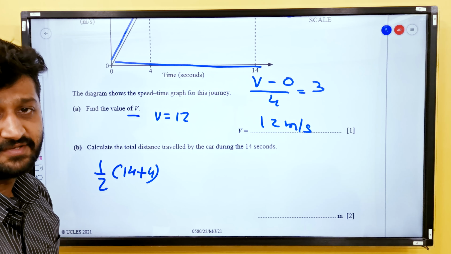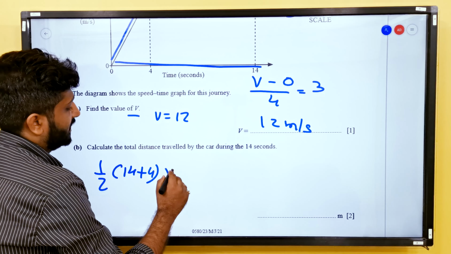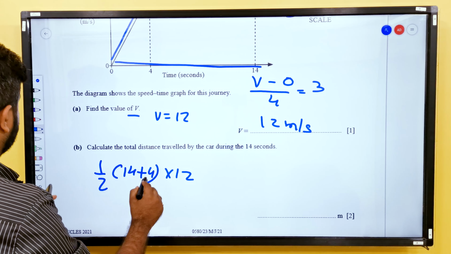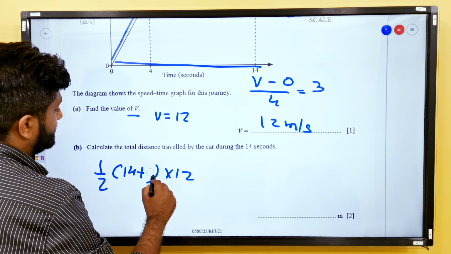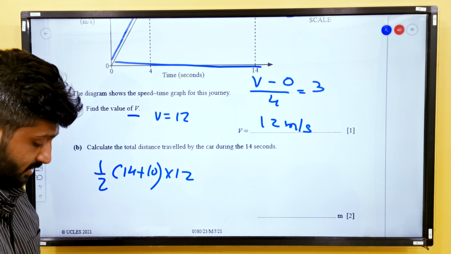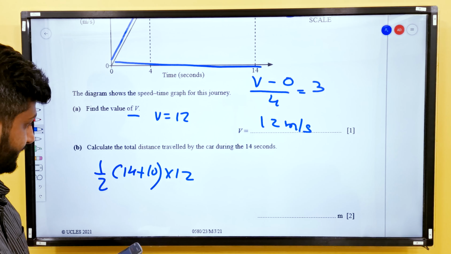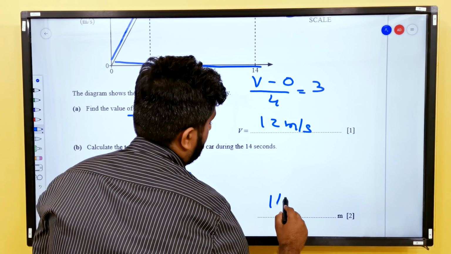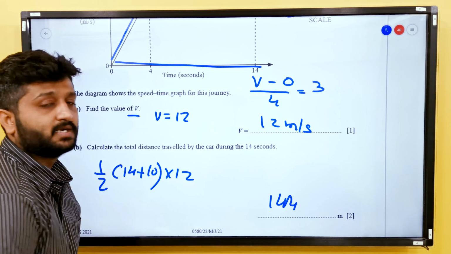Distance between them was v, and we have already found that v is 12. Sorry, not 14 plus 4. This is 14 plus 10. Just made a mistake. So 14 plus 10 into 12 divided by 2. So the area or the distance traveled is 144 meter.